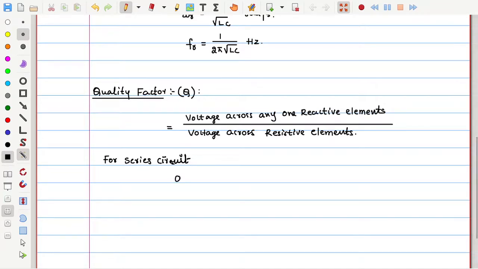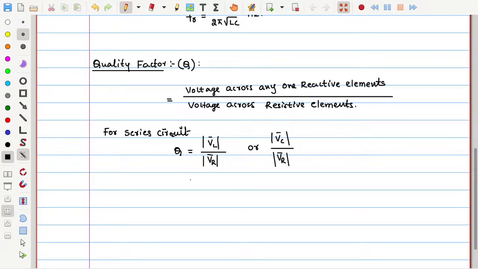So the quality factor can be written as VL magnitude divided by VR magnitude, or it can also be written as VC magnitude divided by VR magnitude. This is the voltage across any one reactive element, which is inductor or capacitor.